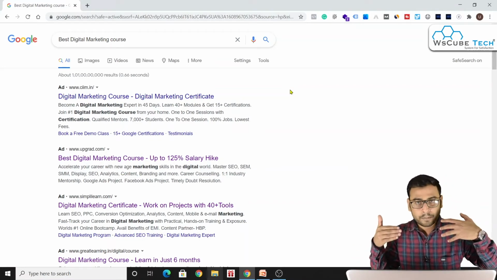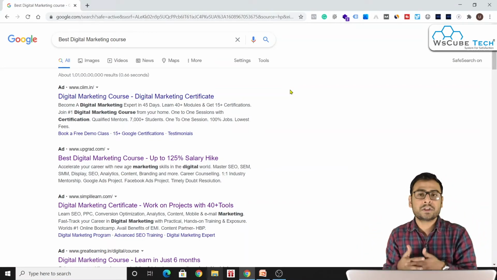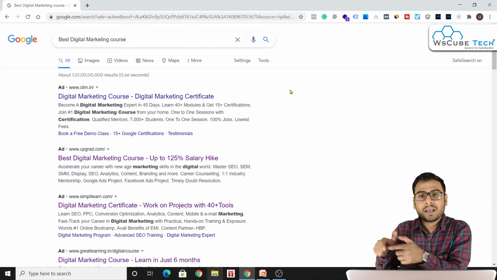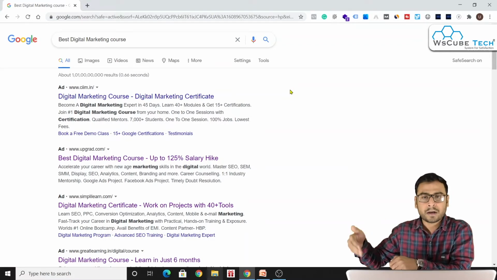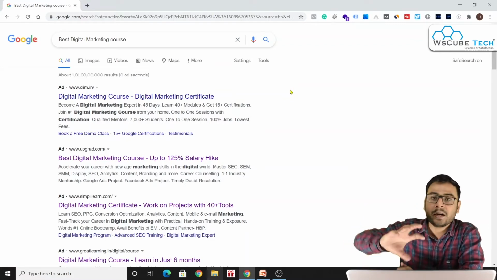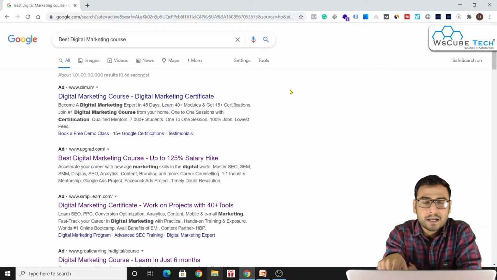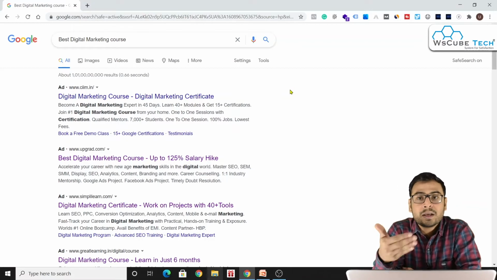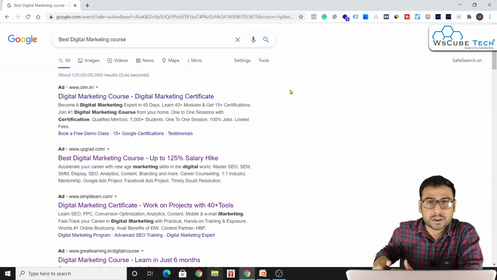Because both resonate with each other, both map with each other, and the intent of the searcher's query matches the keyword in the advertiser's ad group, that triggered this ad. So we cannot say that best digital marketing course is the keyword. Now you got my point. Then what is the keyword? The keyword is digital marketing course or top digital marketing course, which is in the ad group, right?